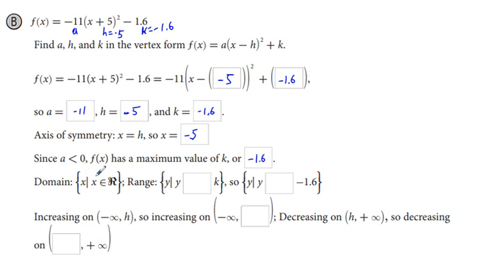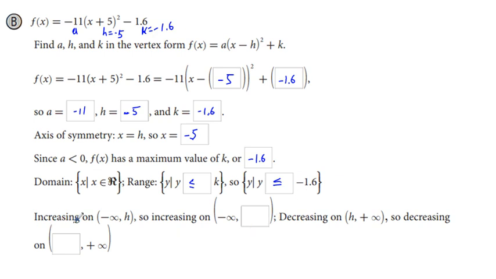Domain: x such that x is an element of all real numbers. Range: y such that y, in this case we're opening downward with a being negative, so y is going to be less than or equal to k. So y is less than or equal to negative 1.6.